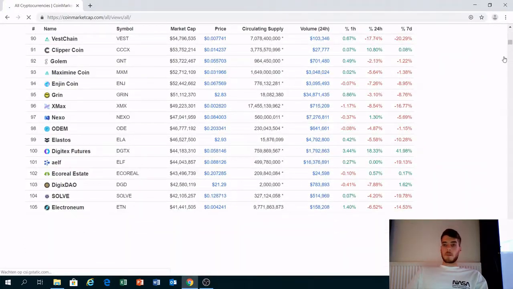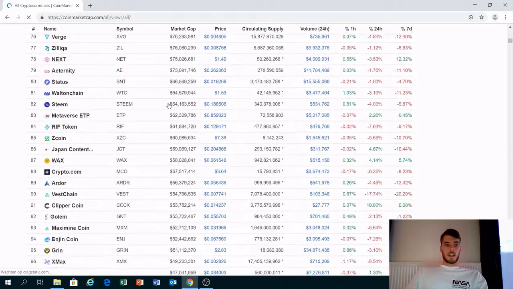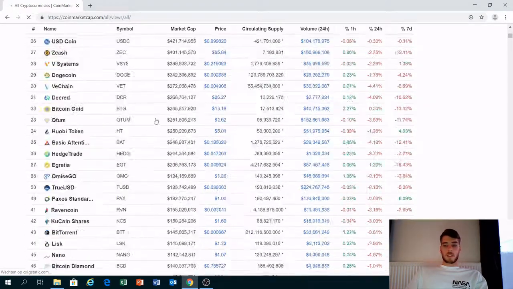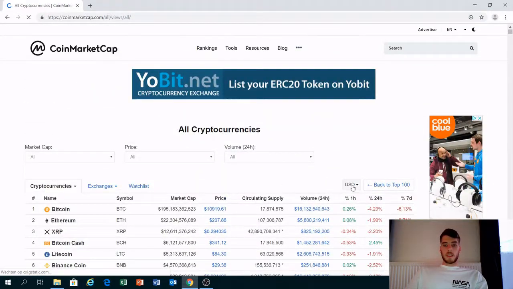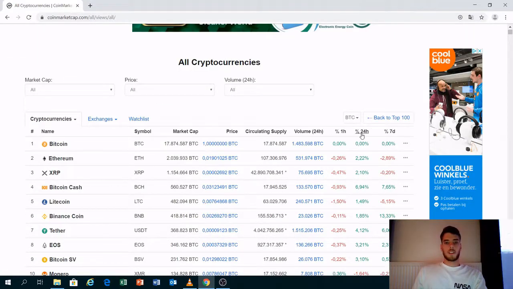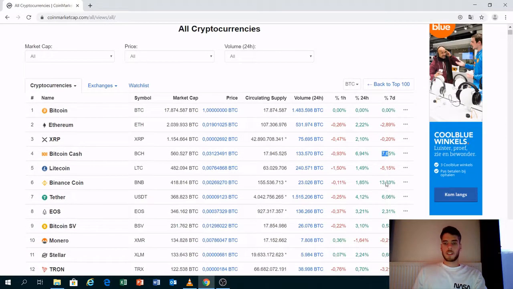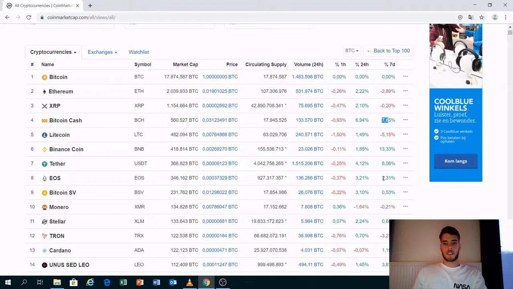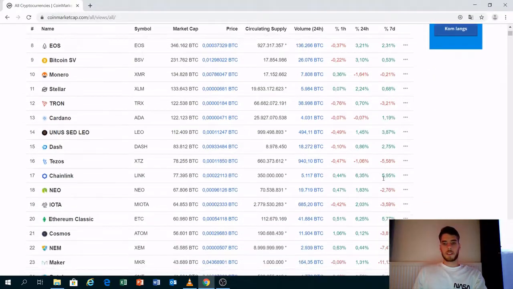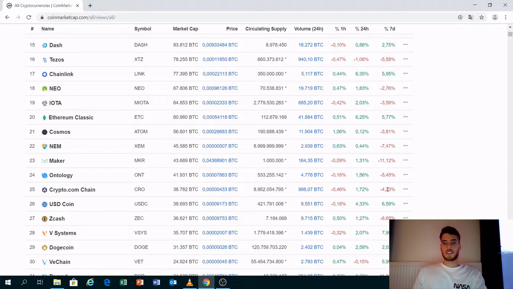It takes a little bit to load because there are so many coins. Anyway, if you put it to Bitcoin like I told you before, you can see some coins are pretty good the last 7 days against Bitcoin. So maybe we can see a little alt season.